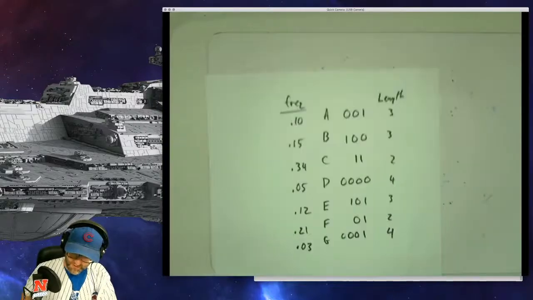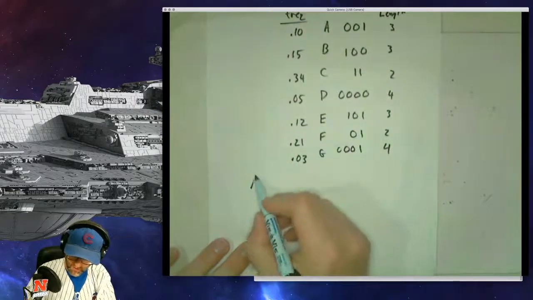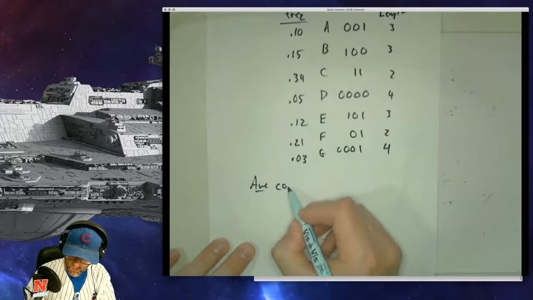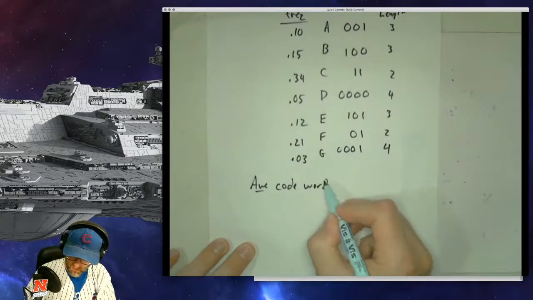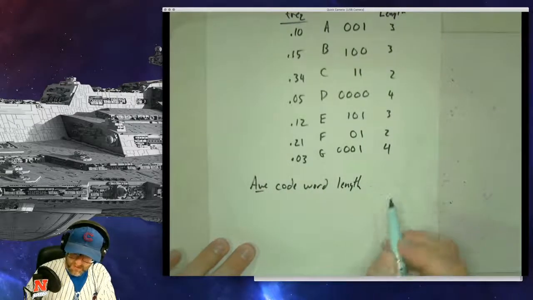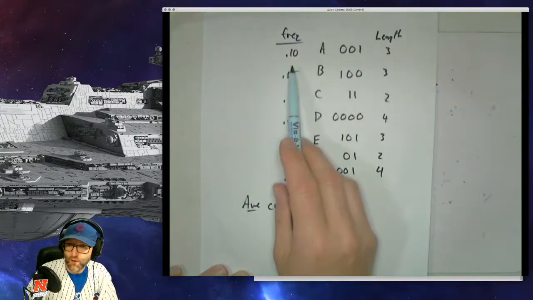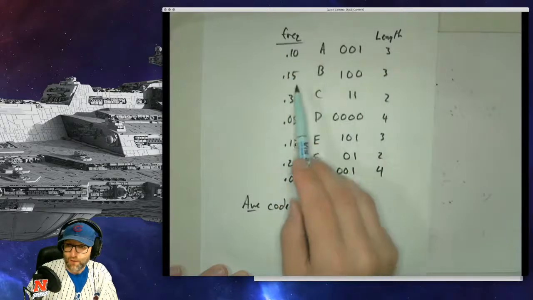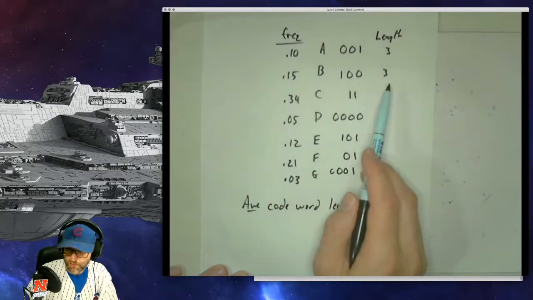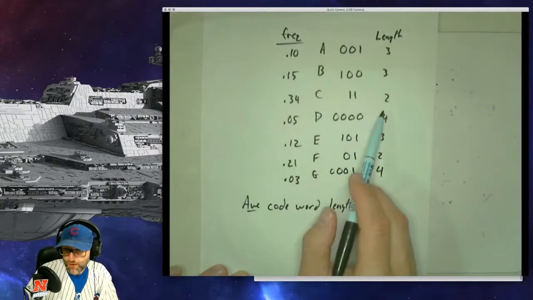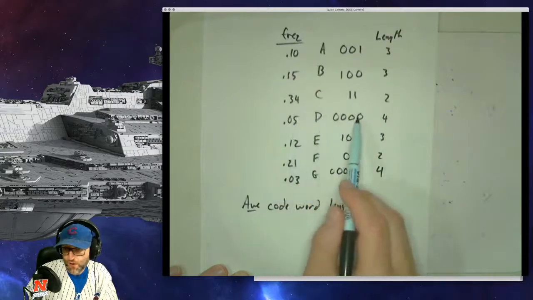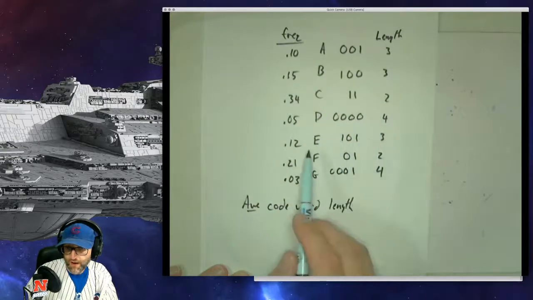So there's our frequencies. What I want to know is, what is our average code word length? To get that, all you have to do is say, well, 10% of the code words are going to be of length 3, 15% are of length 3, 34% are of only length 2, 5% are much longer with 4, et cetera.